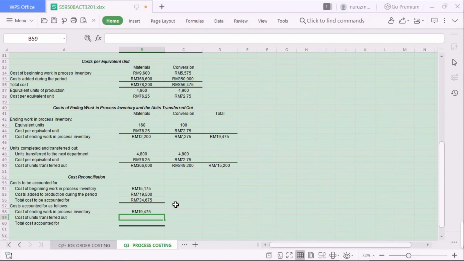Cost of units transferred out, 750,200, and total cost accounted for is 734,675.